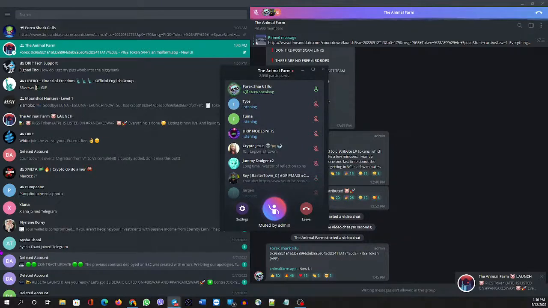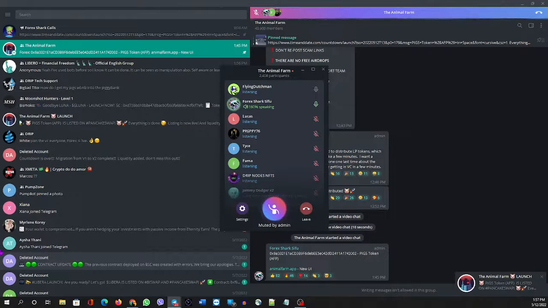We banned something like 13,000 bot accounts from the Animal Farm chat, and we put in an anti-raid mechanism and a CAPTCHA. So we got rid of virtually all the bots from the group, and we put protection in place so they can't be coming back in, at least not in high volume. You can never prevent 100% of it, but people can't automate and add a ton of them. So we're ready to go, guys.